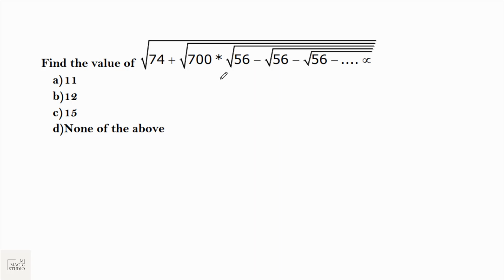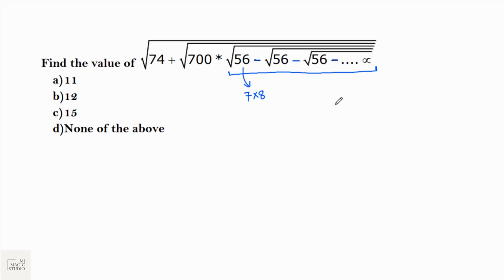If you look carefully, the continuing part is in this part, and 56 is of the form 7 into 8, and all are negative signs.